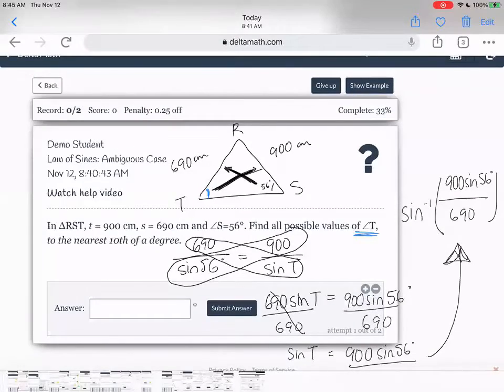RST, T is 900, good. S is 690, and angle S is 56. We have 690 over sine of 56 is equal to 900 over sine T. 690 sine T is equal to 900 sine 56. Divide by 690, and we get sine of T is equal to 900 sine 56 over 690. Did I not type that right?